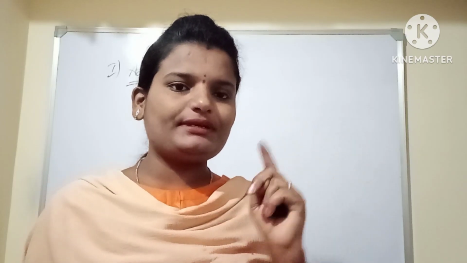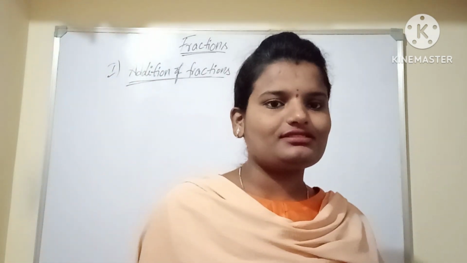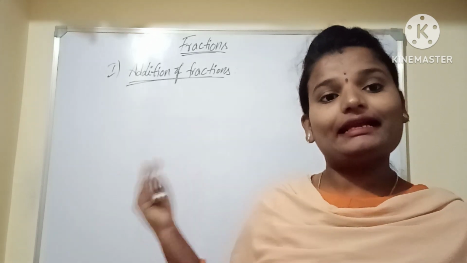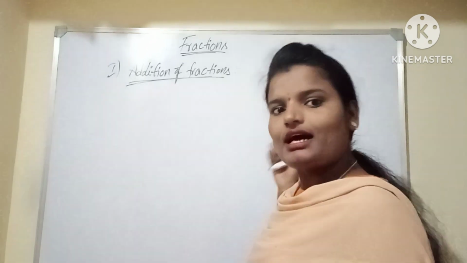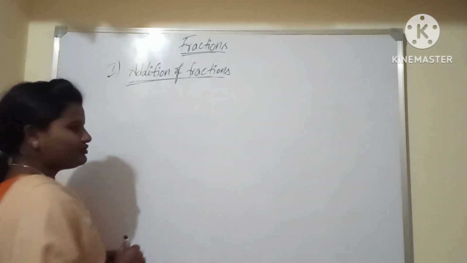It depends on the types of the fractions. If the given fractions are like fractions, then we have to proceed with one process. If the fractions are unlike, then we have to proceed with another method. First we will see like fractions.